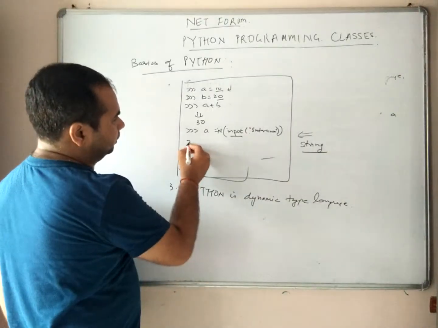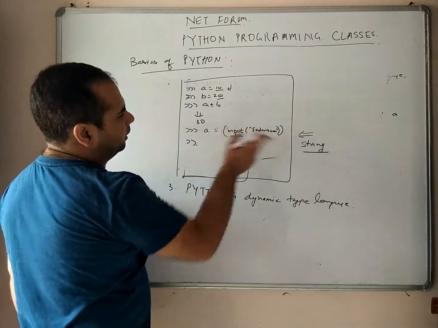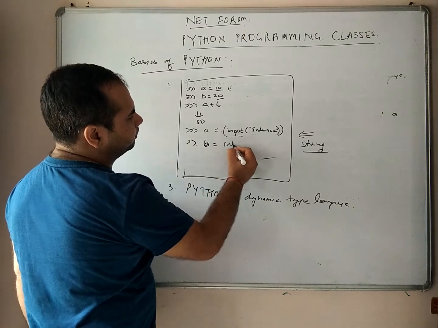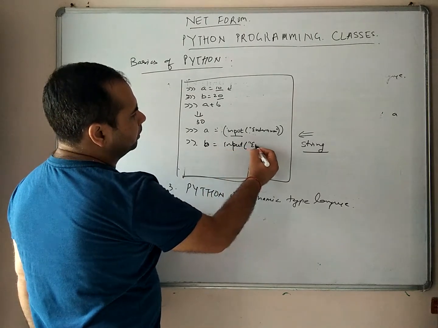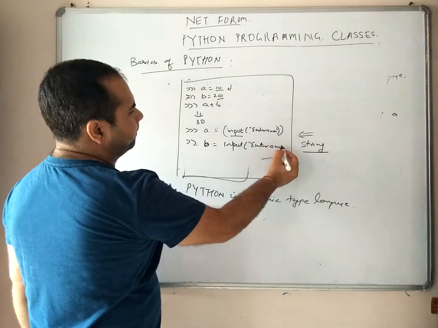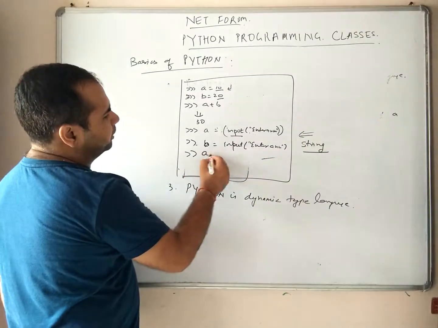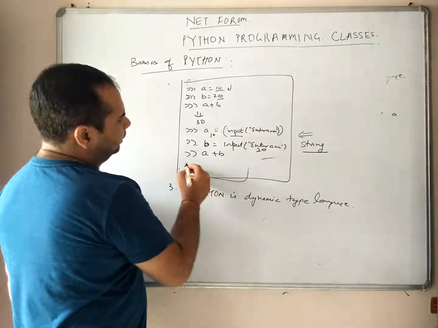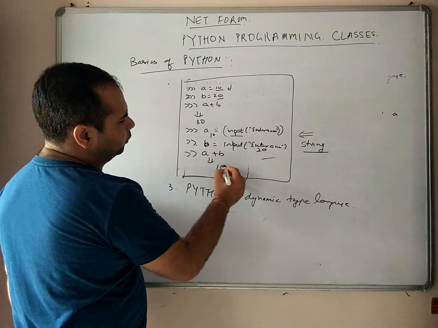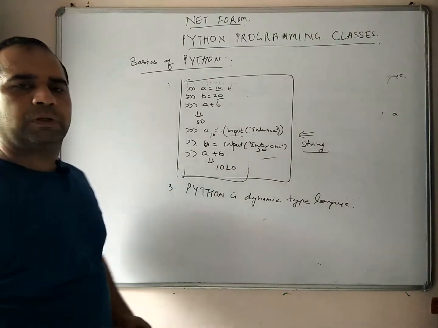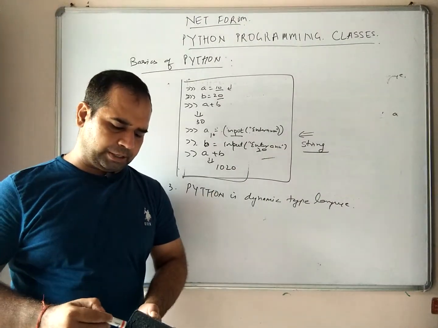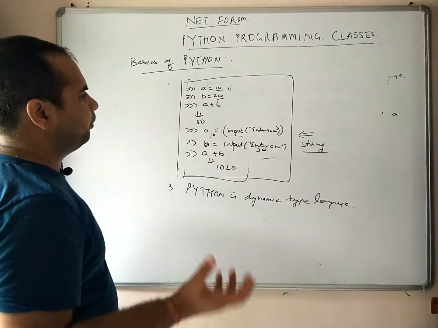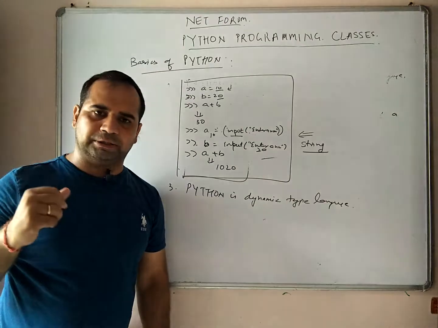Remember that particular thing. Suppose you don't convert it, enter a number, and you have taken b also, b equal to input, enter a number, and when you write a plus b, suppose here 10 is entered, here 20 is entered, then in the result you will get 1020, because the default type is string when we take the input from the console, right?